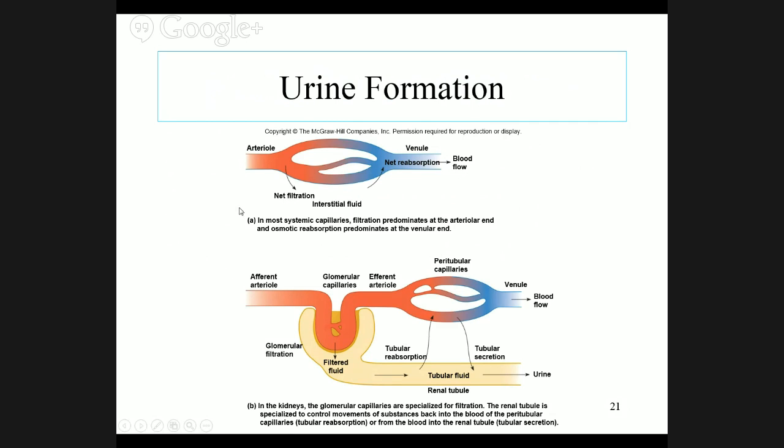So, as in the slide before, the animation showed that there's a net filtration out of the arterioles into the interstitial fluid, and then there's a net reabsorption into the venule and path of the blood flow.